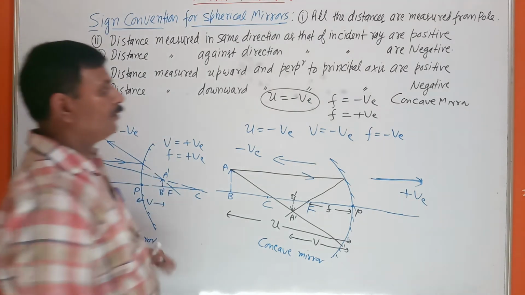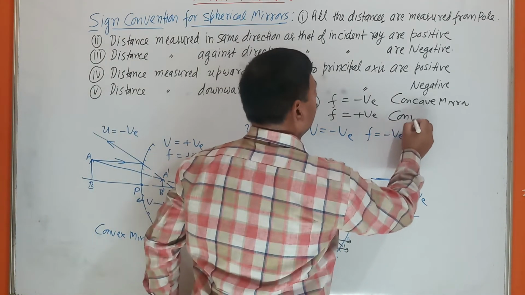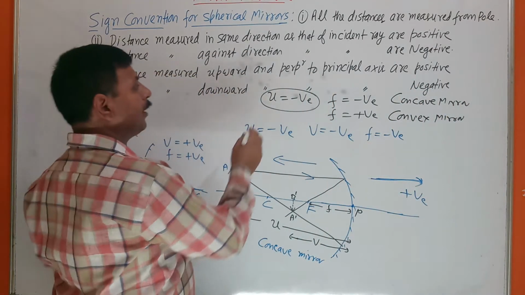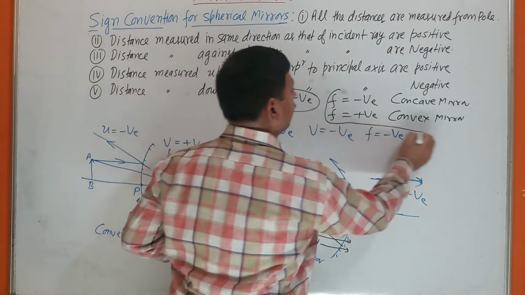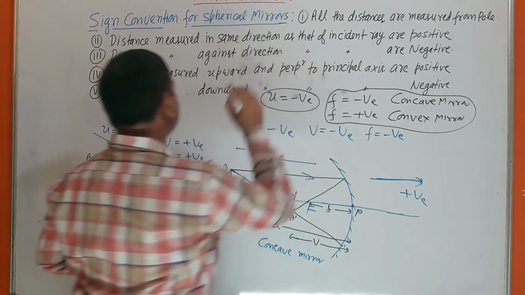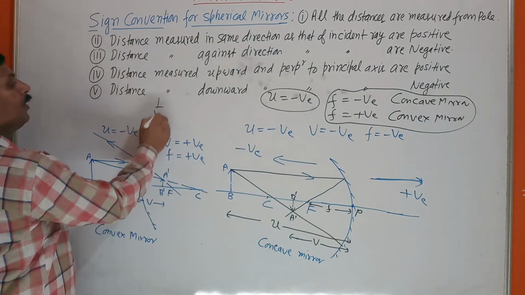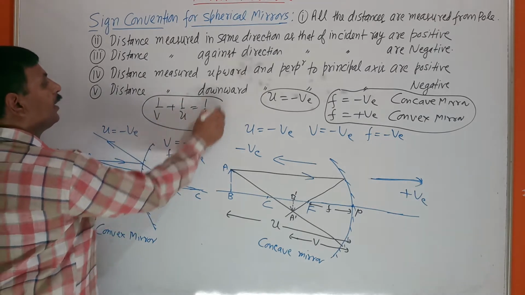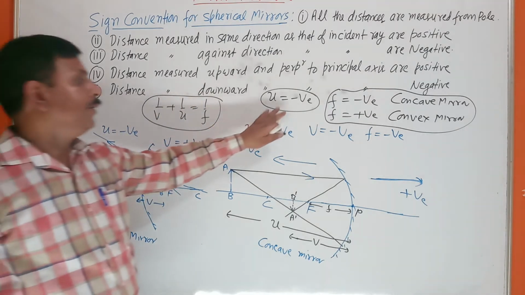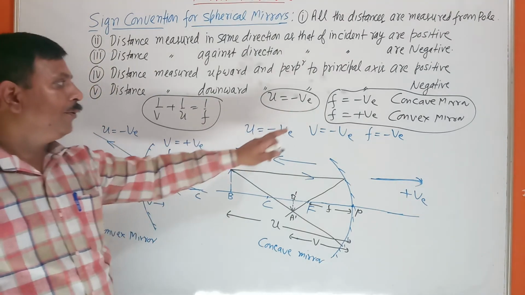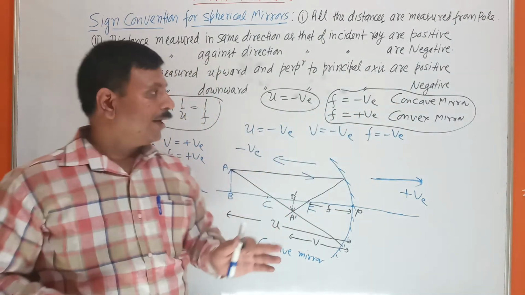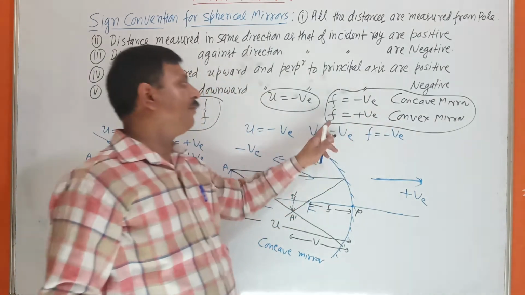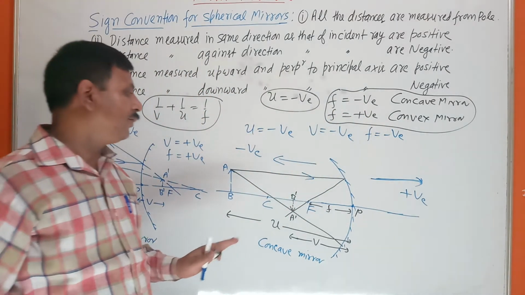While applying the mirror formula, what is the mirror formula? 1 upon v plus 1 upon u is equal to 1 upon f. u you have to take as negative. If a concave mirror is given, f you will take negative. If a convex mirror is given, f you will take positive.